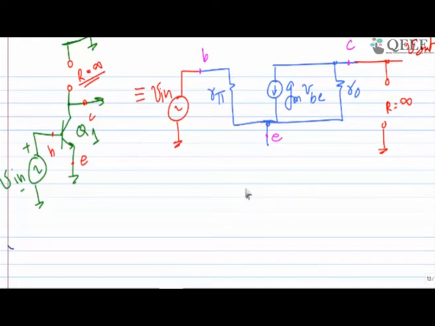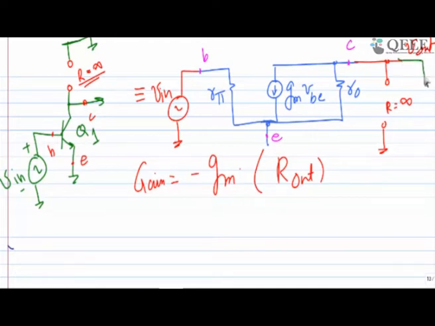So we agree that we want to find the gain, then gain is equal to minus gm times R out. If I want to find the R out, what I am supposed to do is apply some known potential Vx and measure the Ix.